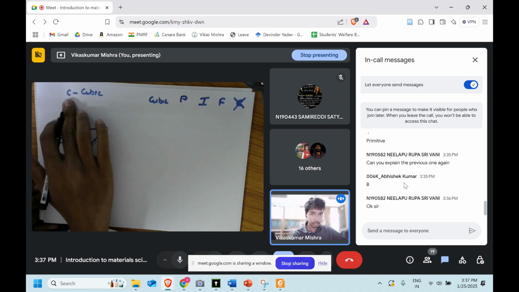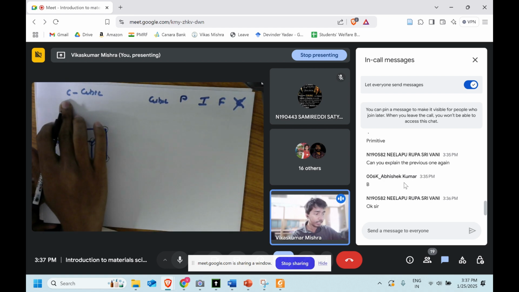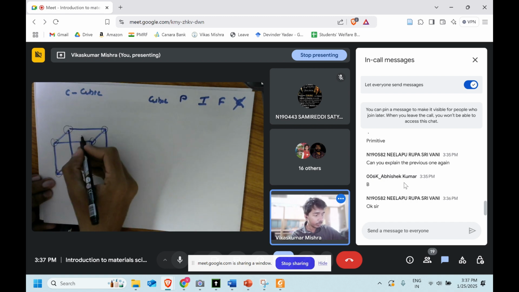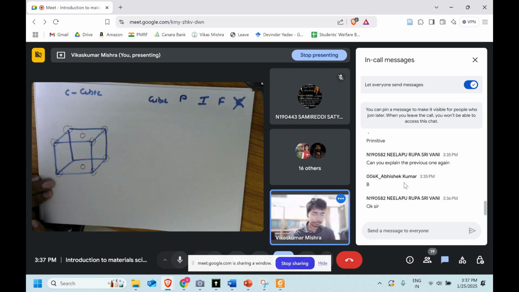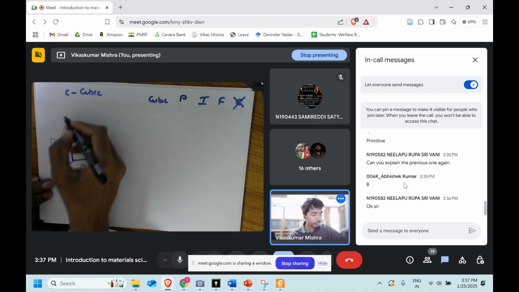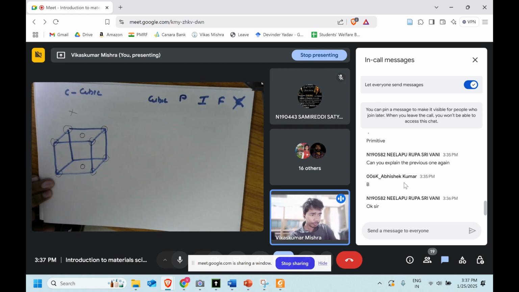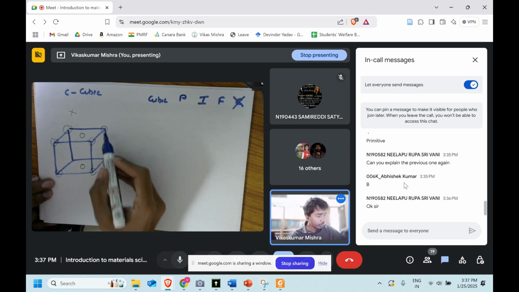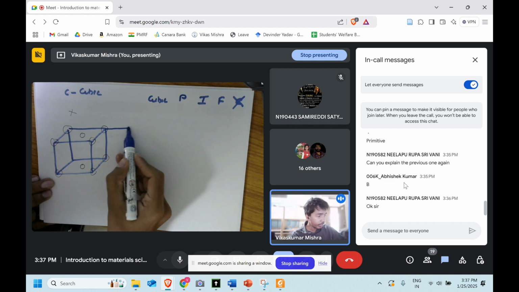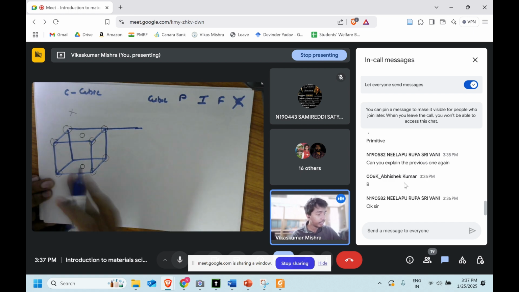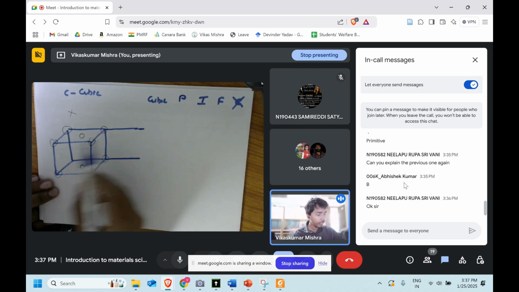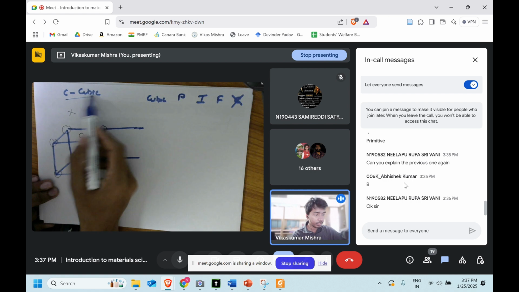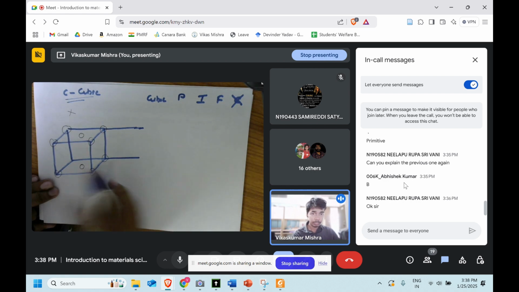Since it is C-centered, that is along the C also, we will place an atom or a lattice point over here also. Now the reason why it's not existing, let's extend the unit cell, to see whether the C-centered cubic is converting to some other symmetry, some other Bravais lattice or not.